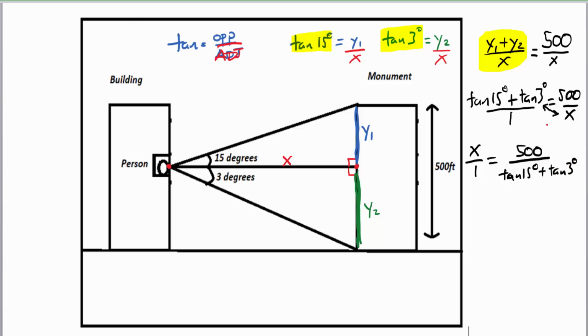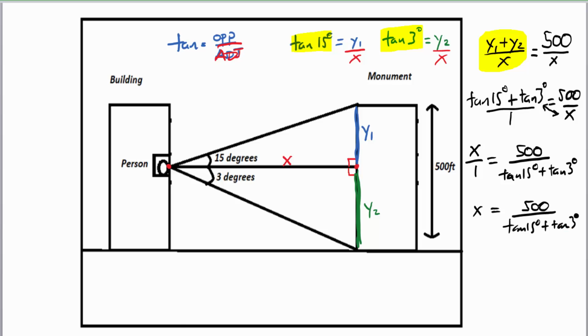So that trick that I was told by my friend how to do the problem works out perfectly, but it takes a little bit of thought and manipulation to actually get to taking that 500 and dividing it by the tangent of 15 degrees plus the tangent of 3 degrees, or your angle of elevation plus your angle of declination.